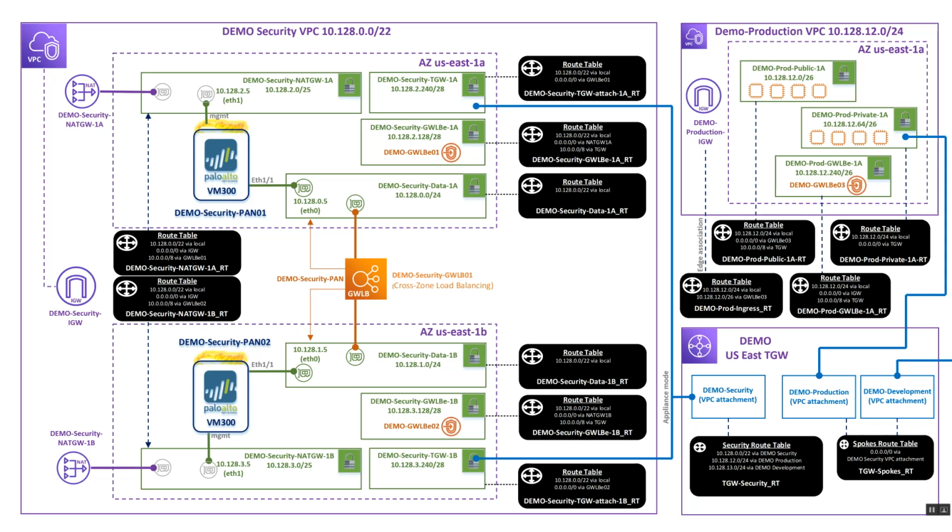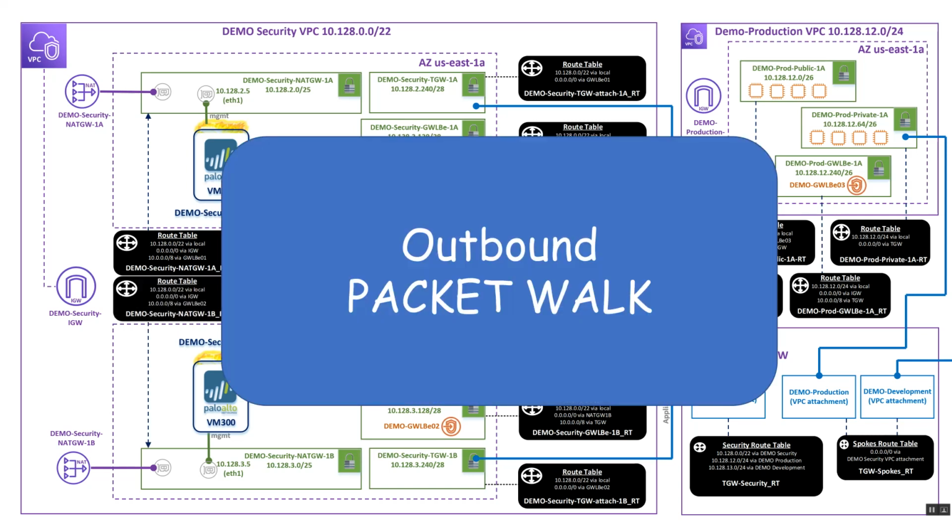And I'm going to start answering a lot of that, because some people might be wondering, wow, this is crazy, why are we doing all this stuff? So let me go through the packet walks, and then it will start making more sense as to why we need all these entries. Okay, but just keep in mind, it's a set it and forget it architecture. It's an active architecture. This is perfect. This is exactly what my customers were definitely looking for. So let's go through the outbound packet walk.